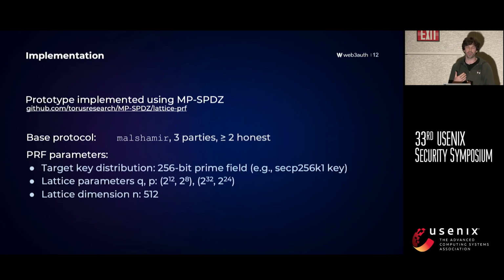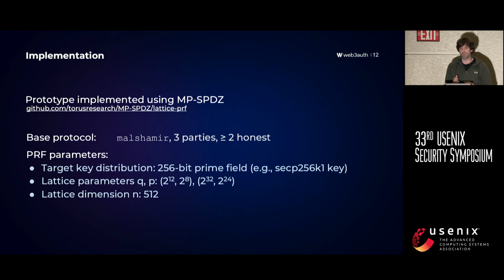To know how concretely efficient that is, we did a prototype implementation so far using an MPC framework. You can look it up, it's open source. For our evaluation, we use the maliciously secure Shamir protocol as a base layer protocol in MPC. Basically, that is what our code gets compiled to. We run it with 3 parties, but any number of parties would be possible, and we require an honest majority. So two parties must be honest in the setting that we evaluate.